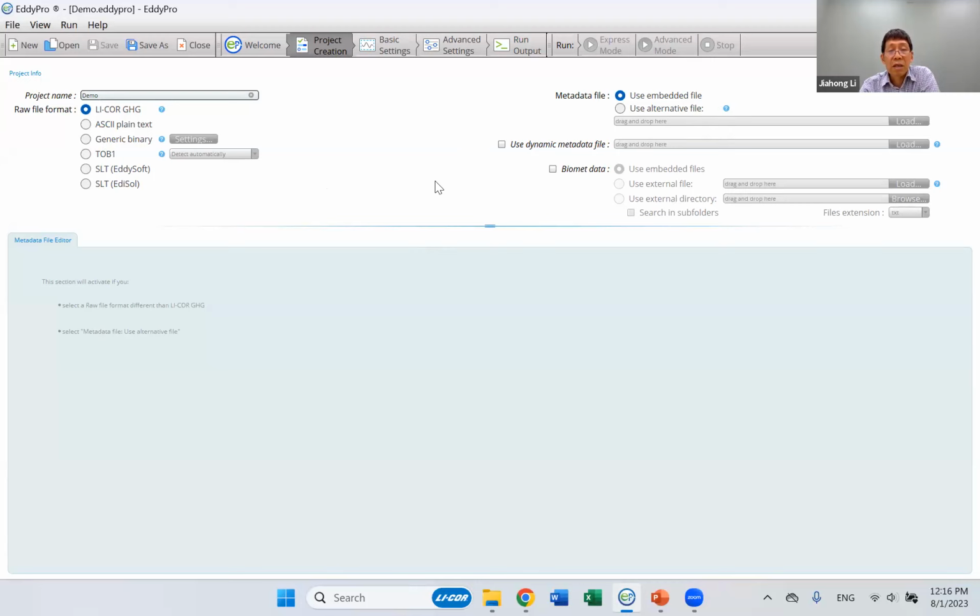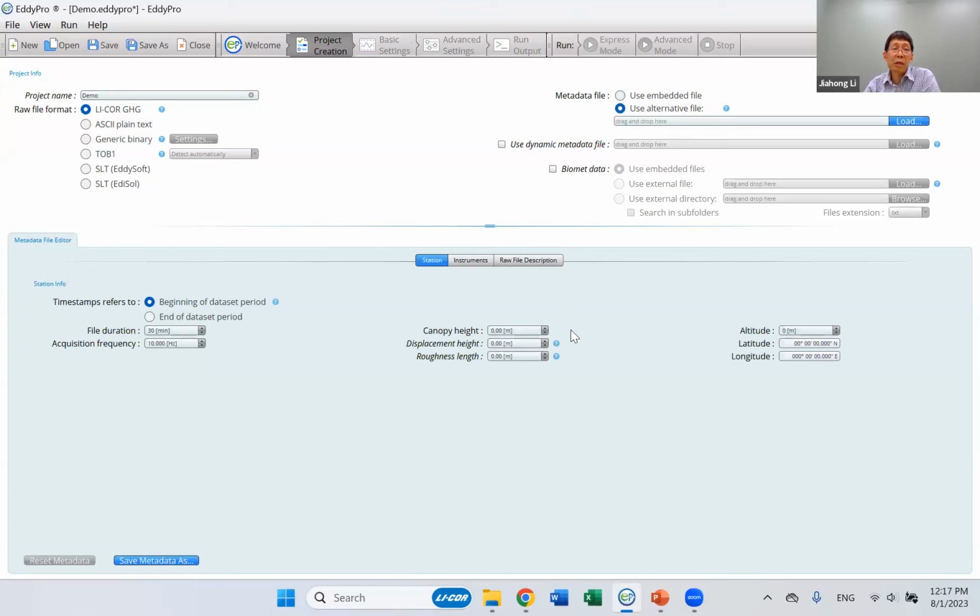The metadata file contains the information on how your data are collected, like instrument height, sampling rate, and others. If you have another raw file format, you need to use an alternative metadata file.